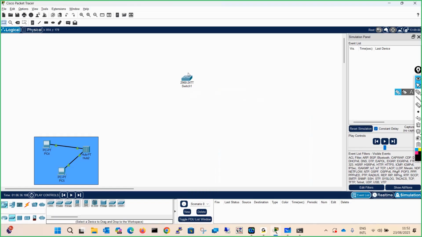Now, just consider you have a network over here, and to this network, PCs are connected.